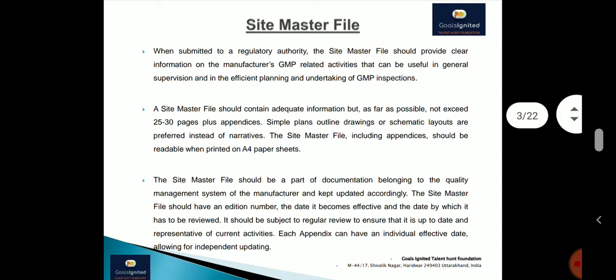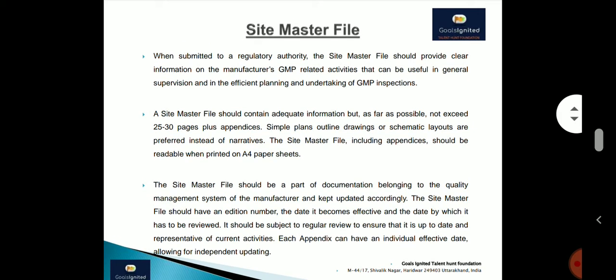When submitted to a regulatory authority, the site master file should provide clear information on the manufacturer's GMP-related activities that can be useful in general supervision and the efficient planning and undertaking of GMP inspections. A site master file should also contain adequate information, but as far as possible not exceed 25 to 30 pages.